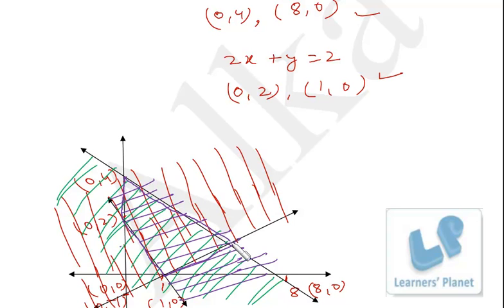You can see this region is having all the three colors, red, green and purple. So this is the favorable region. In this region x and y both of them are positive, and this is the solution to these three systems of inequations. Okay, so I hope you are getting it.